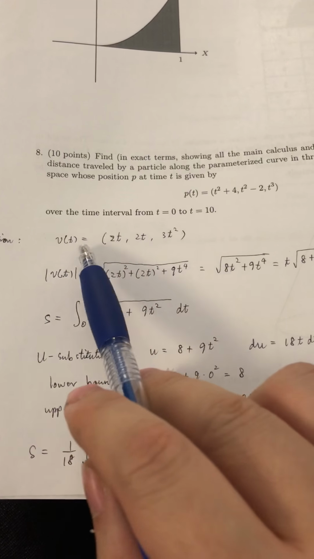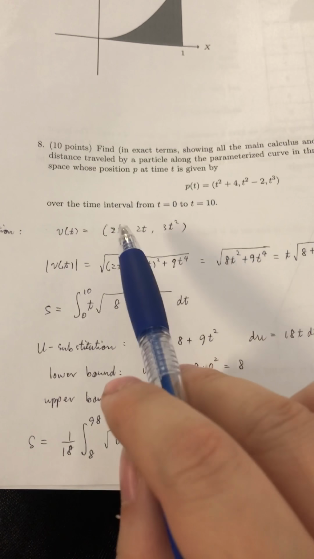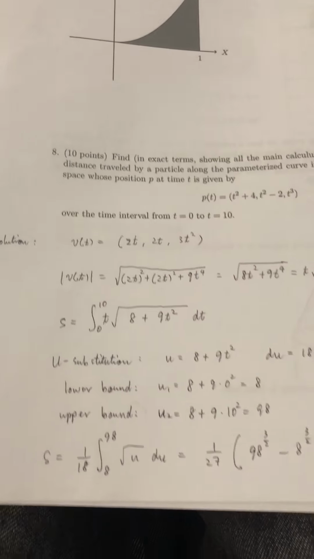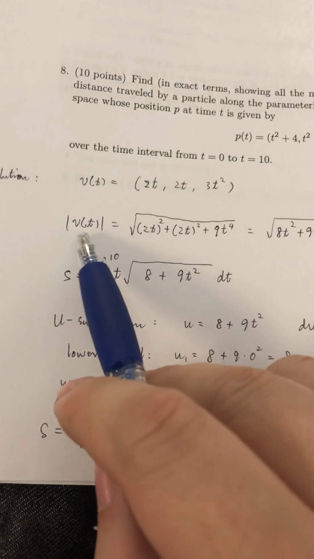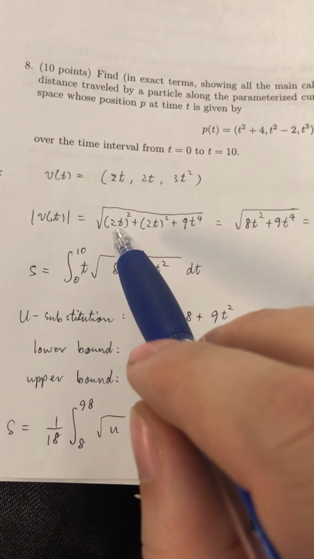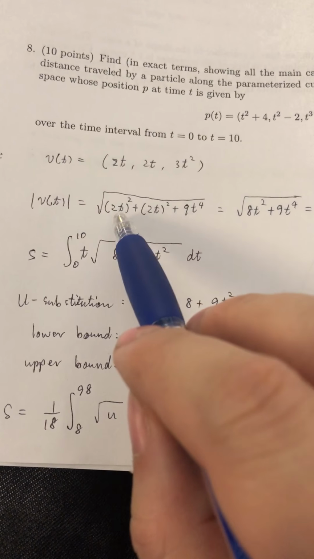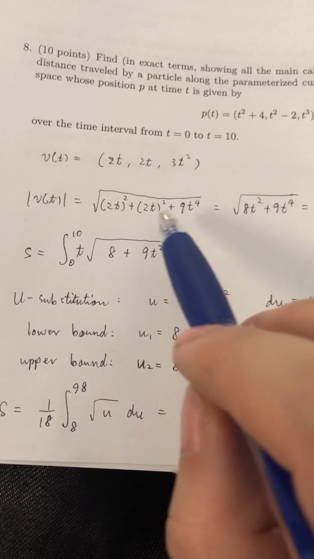In the first line, you find the velocity by taking the derivative of p(t), and that gives you 2t, 2t, 3t squared. Then find the magnitude of the velocity, which is the speed. The way to do it is taking the square of each component, adding them up, and then taking the square root.